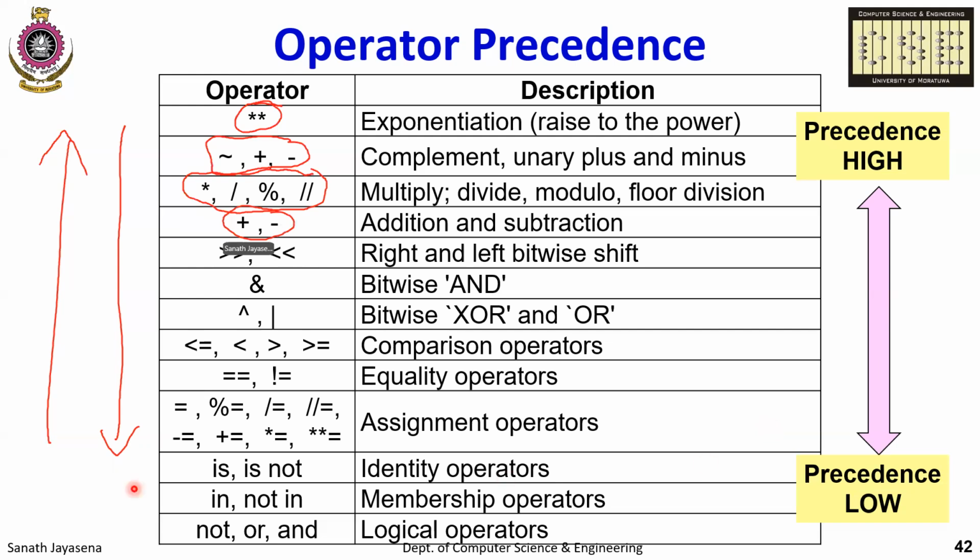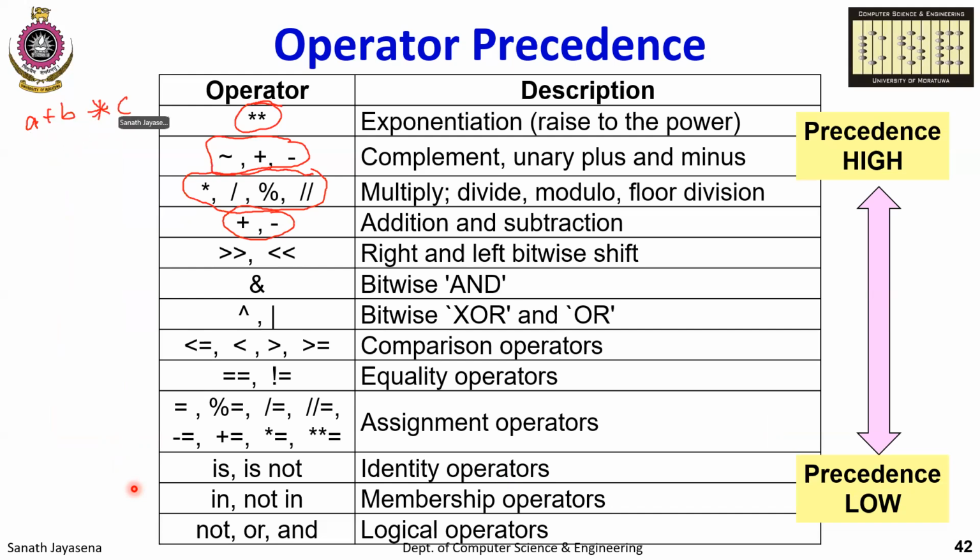So let's take a couple of examples. If you want to have your own way of ordering, you can definitely use parentheses for that. Let's say you want to write A plus B multiplied by C. If you want A plus B to happen first, you have to use parentheses like this.